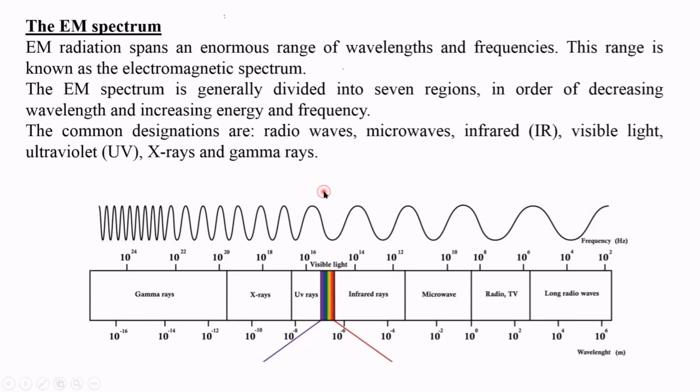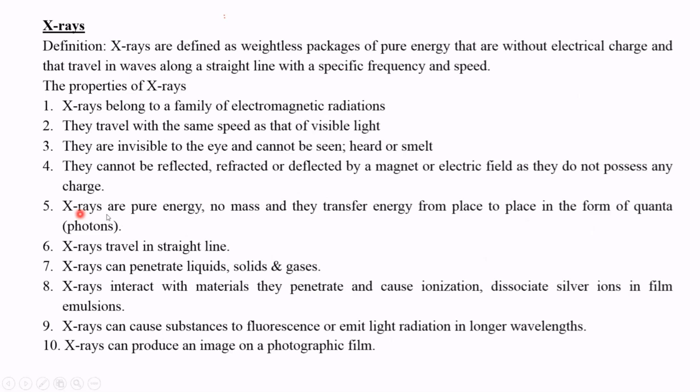Next one, X-rays. First, we see the properties of X-rays. First property: X-ray belongs to the family of electromagnetic radiation. I already told this in the previous slide. That is the first property.